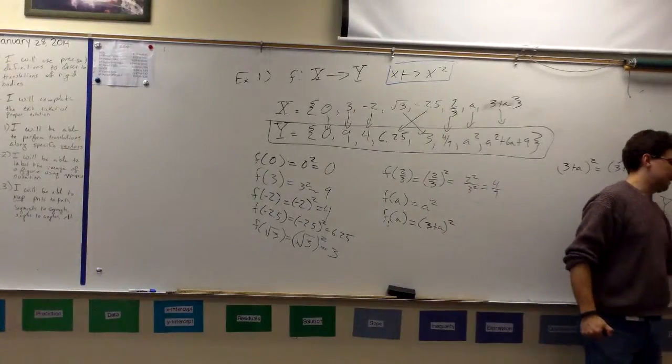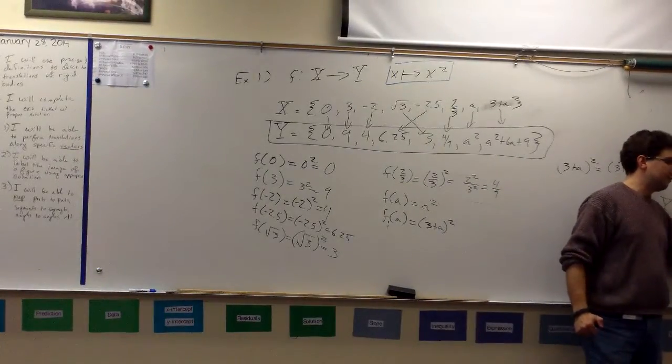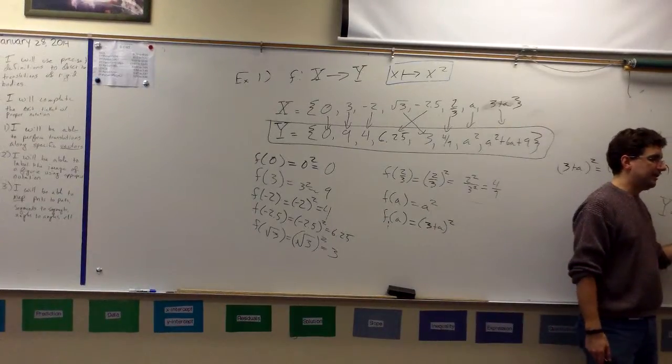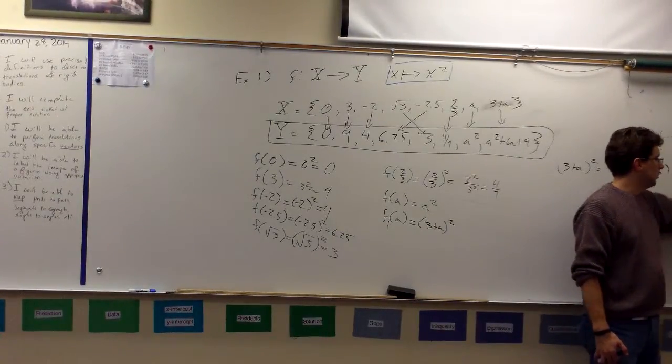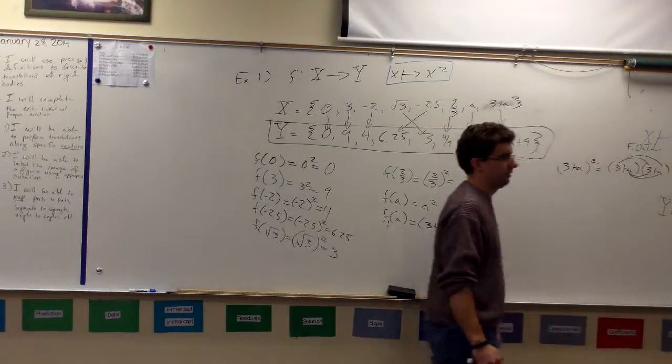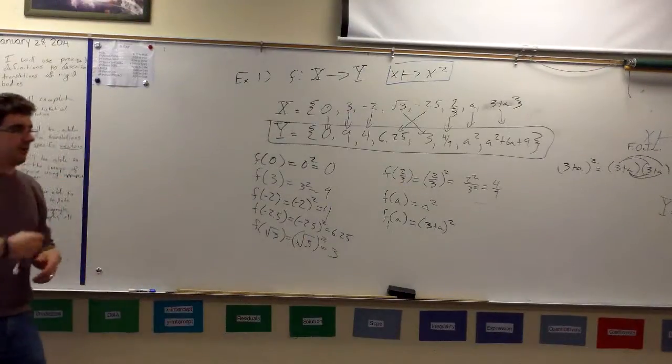Do you recognize this pattern? 4, 9, 16, 25. Squares. What are the inputs that give me this pattern? 1, 2, 3, 4, positive integers. We're going in the reverse direction on that one.